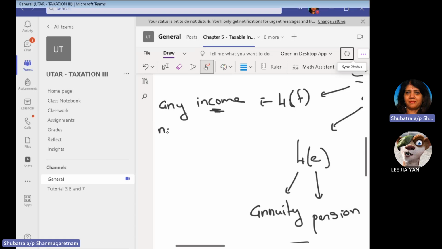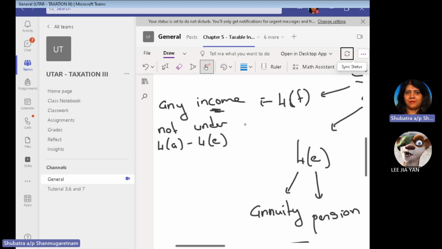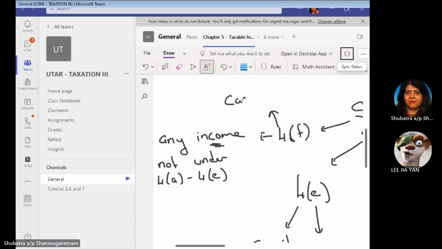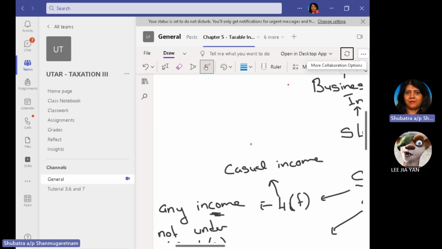Any income not under 4A to 4E would fall under here. So under 4F, you've got casual income. Everything under casual income, you're captured under anything and everything under casual income.